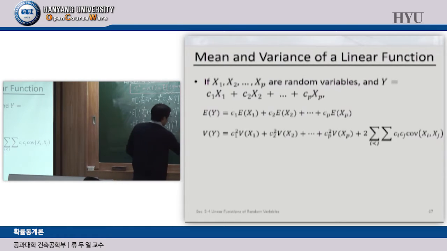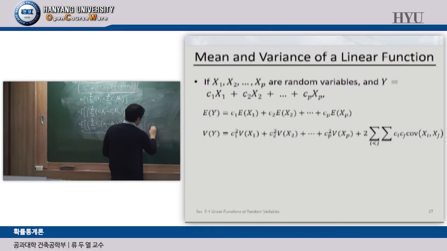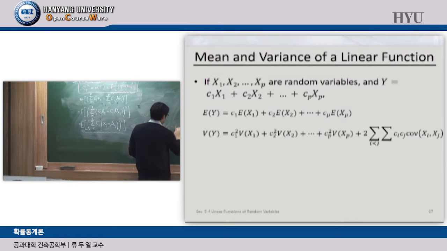So this can be written as the E of the summation of i from 1 to p, c_i (X_i minus mu_Xi), by, okay?